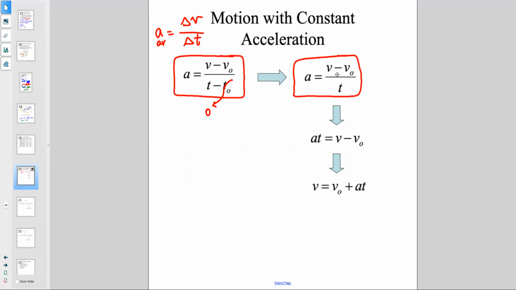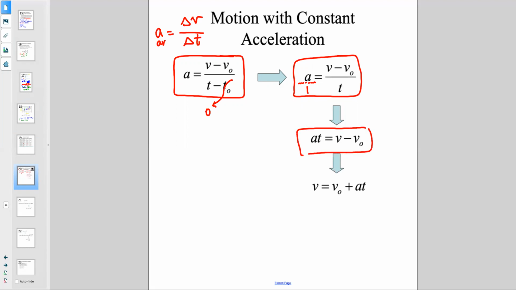If I play with this equation in the box, I can give a denominator of 1 to this, and I can write it as v minus v naught equals a times t. Just like this. And I solve this for v.